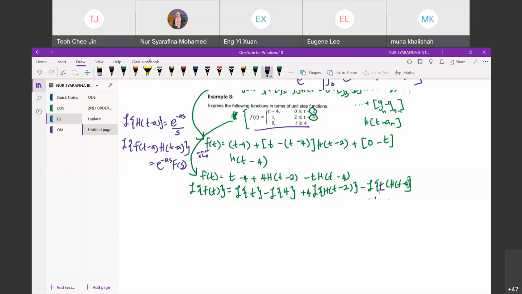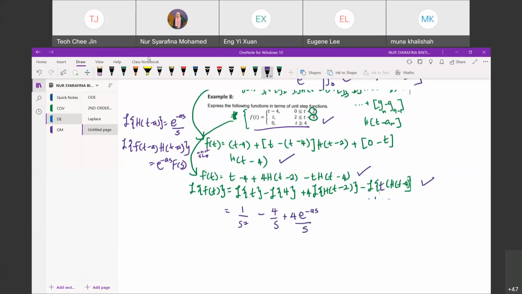So now you have a piecewise function, you convert to a unit step function, and this is your unit step function. Now you want to transform this, so you need to transform one by one. Based on the table, transforming t will give you 1 over s squared. Transforming 4 will give you 4 over s. Transforming h(t minus 2), this one is 4, so 4 exponent minus 2s over s.